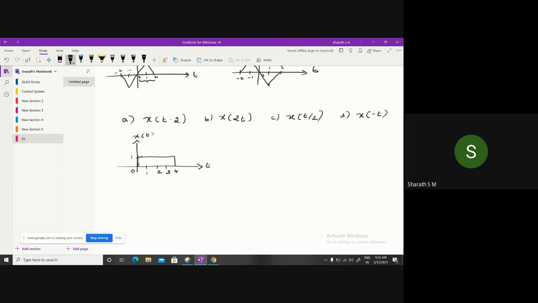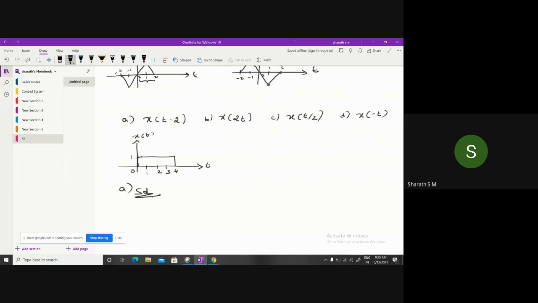Now write x of t minus 2, first solution. For the given x of t, how to make it as x of t minus 2? That is a shifting operation. We need to shift the signal towards the right side by 2.